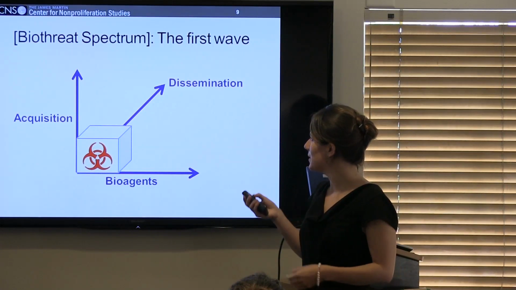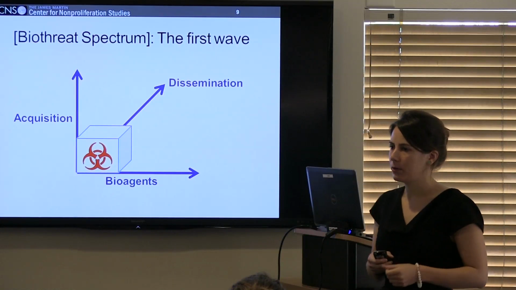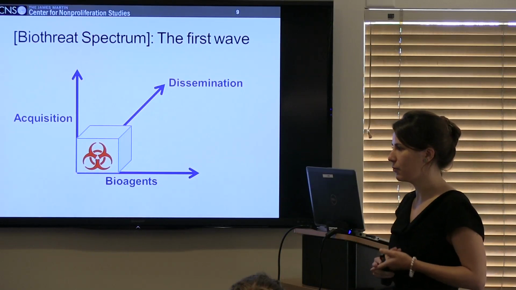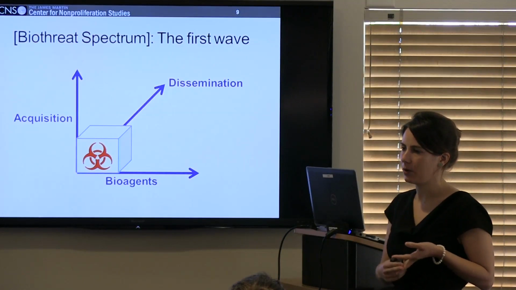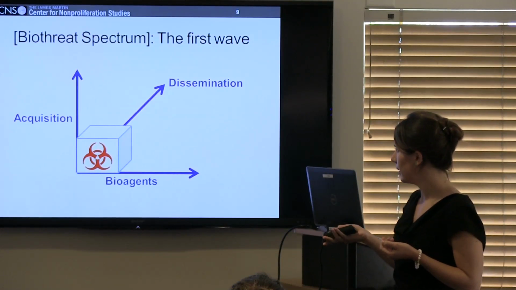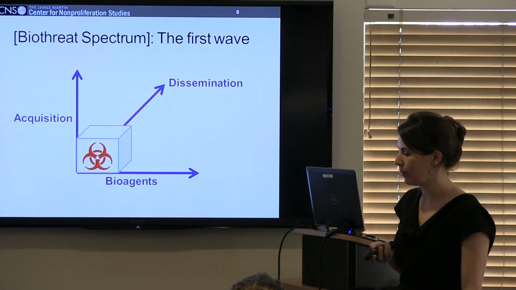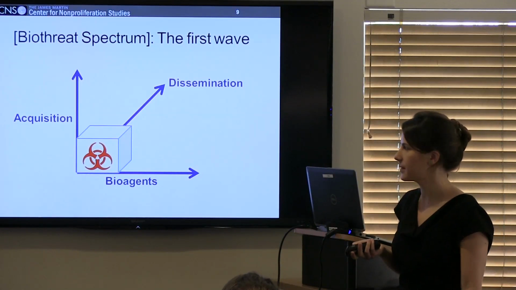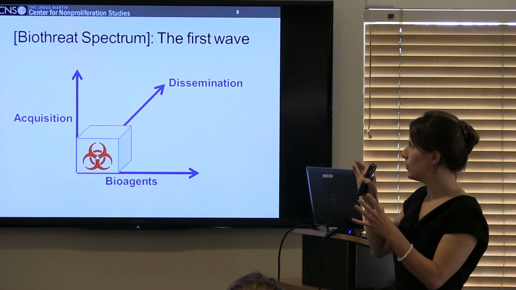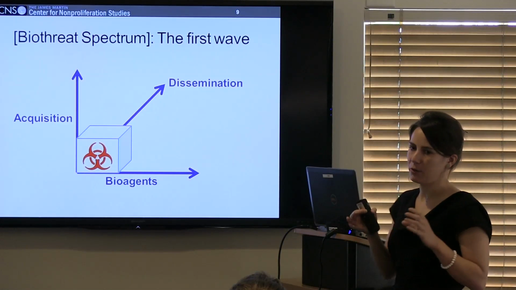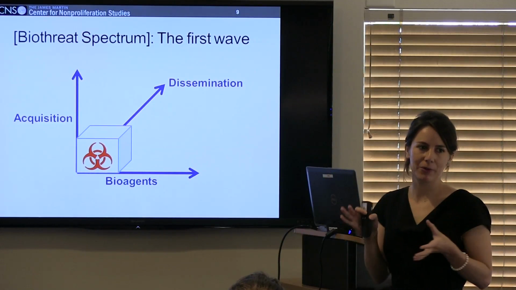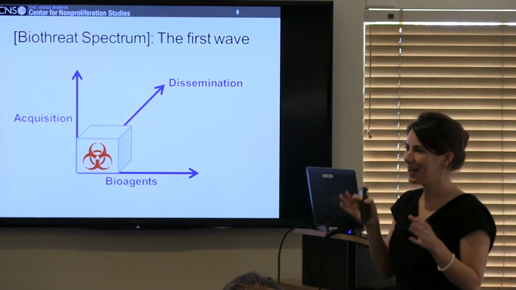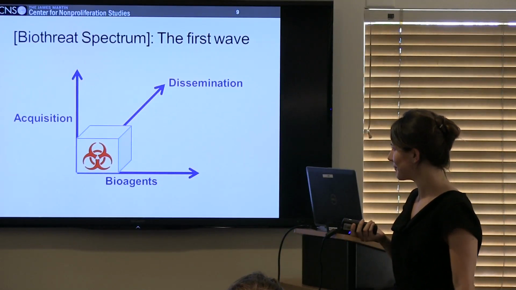And then there is the dissemination: they can be disseminated through contaminating water, food, through the air, through injections or vectors like insects. So that gives you an idea of the problem, and we have some understanding of what we have to watch for.